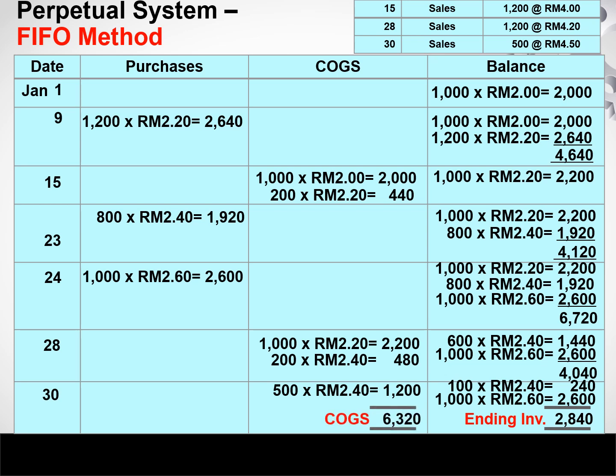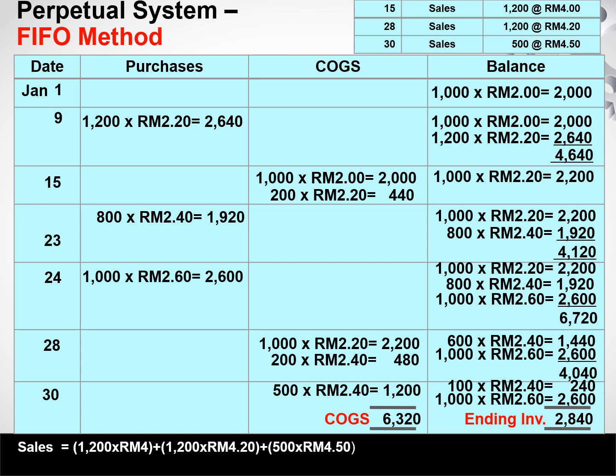While the cost of goods sold is 2,000 plus 440 plus 2,200 plus 480 plus 1,200 equals to 6,320. So if you want to get the profit equals to sales minus cost of goods sold, calculate the sales first.